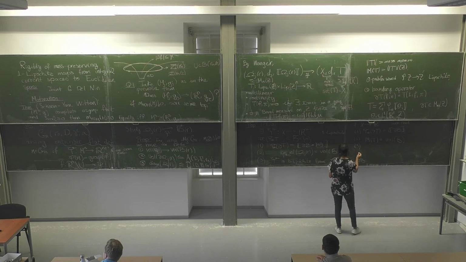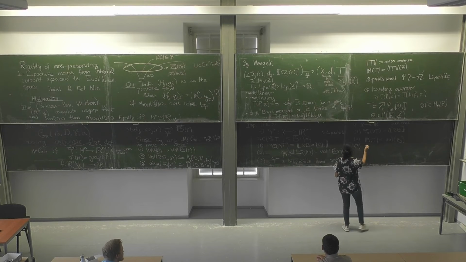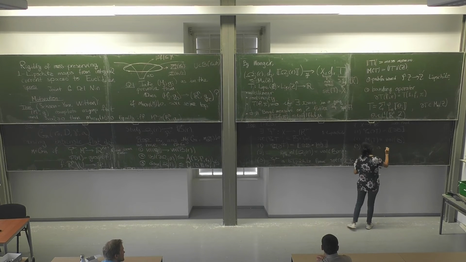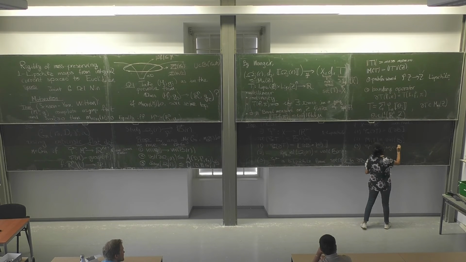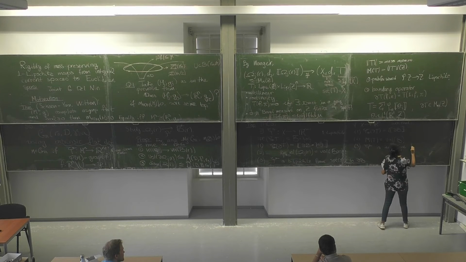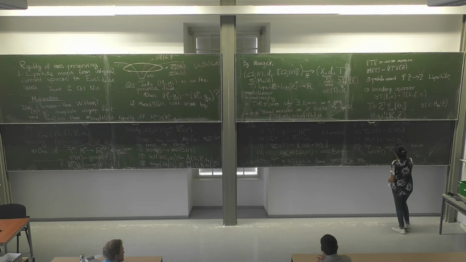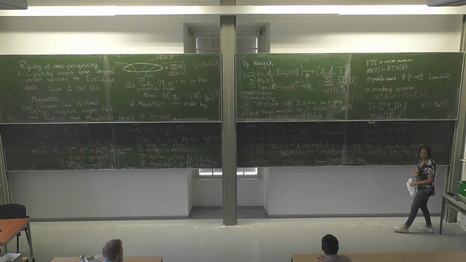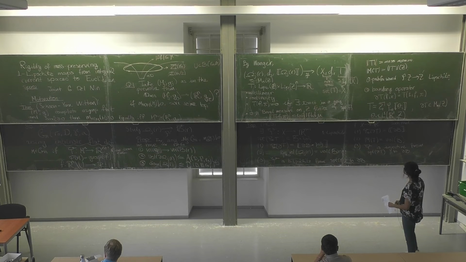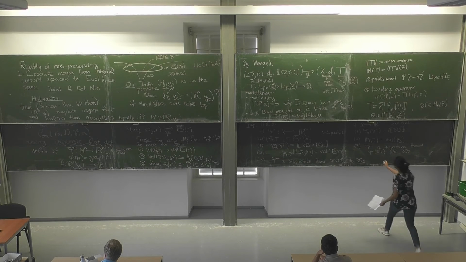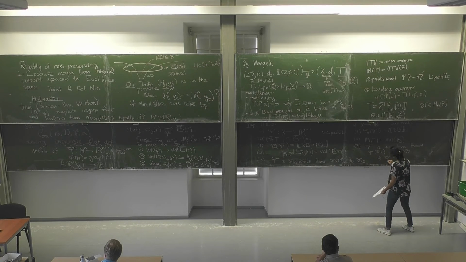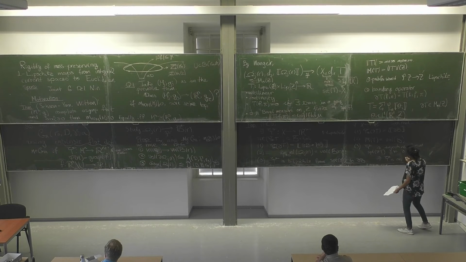And number 3, C is injective. So I don't need the bi-Lipschitz condition from the support of the boundary of T to the boundary of B. Then C is an isometry.